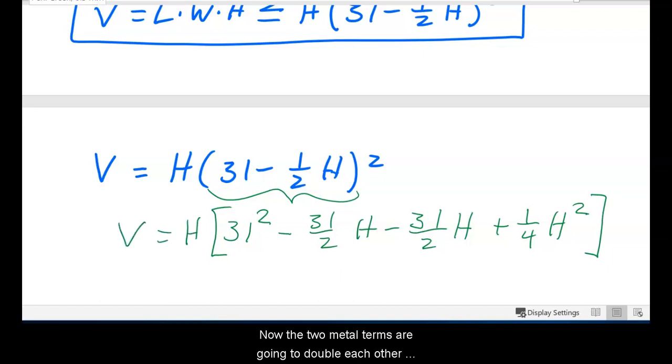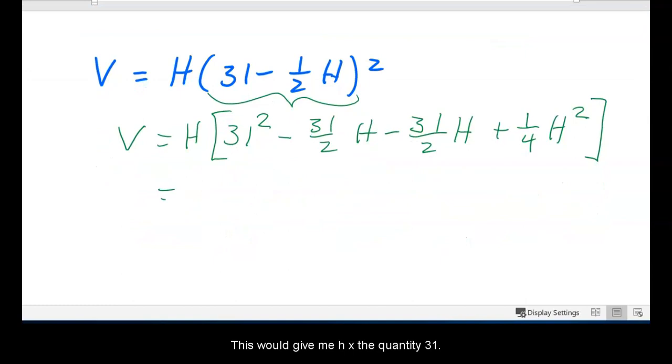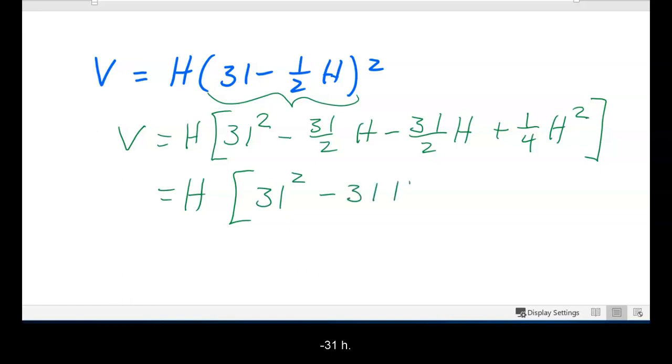Now the two middle terms are going to double each other so that we end up with a minus 31h. This would give me h times the quantity 31 squared minus 31h plus 1/4 h squared.